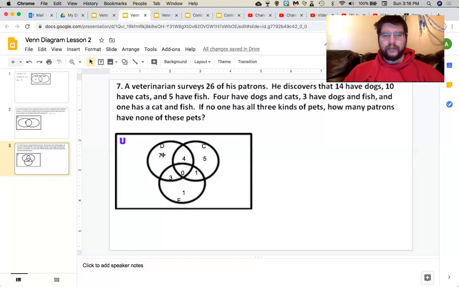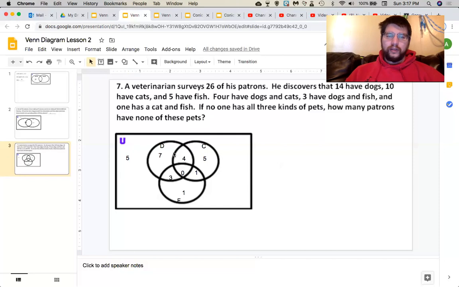So if I add it together, 7 and 7 makes 14 dogs, all in this circle. I don't want to double count these or triple count them. So I'm going to say here's 14, 15, 20, and then 21. So 21 in these 3 circles here. 26 altogether, that makes 5 outside of that set. Maybe they have snakes or something.